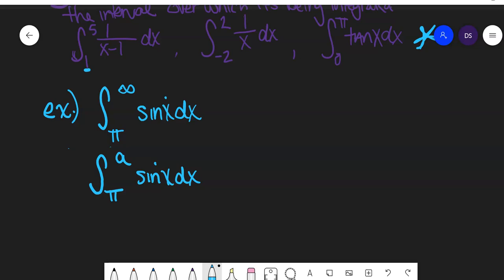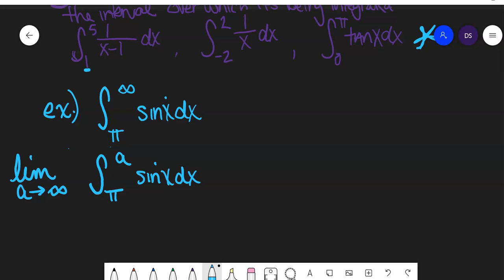And then after we integrate it, we're going to take the limit as a then approaches infinity. And I can tell you honestly, because I don't really like to lie to you, that if you forget the limit and you just integrate with the infinity, it doesn't change your answer. It's just that this is the proper technique by which you should integrate.